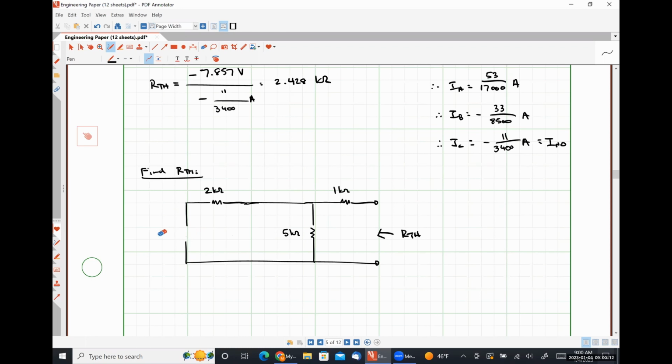My 3 volt source is replaced by a short circuit. And so this looks like 1 kilo ohm in series with 2 in parallel with 5. So that is going to be 1 plus, let's see, 2 times 5 is 10, 2 plus 5 is 7, 17 over 7, or 2.428 kilo ohms. The exact same result we got either way.